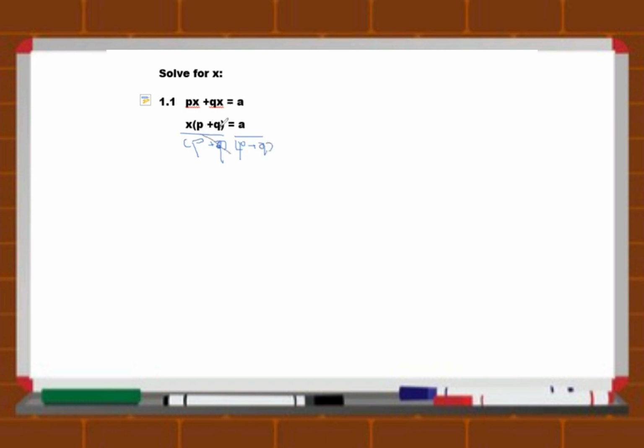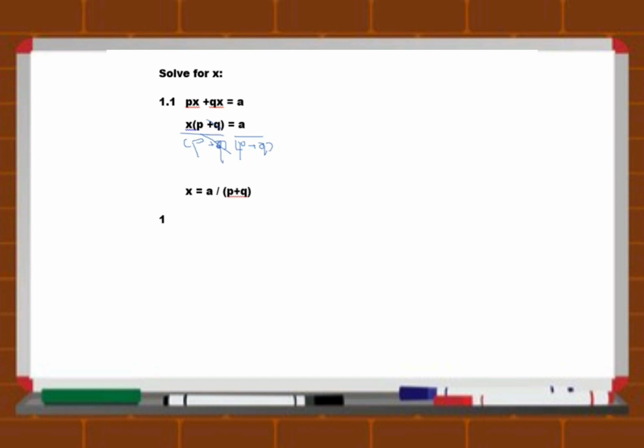And then once you do this, you're going to be left with x is equal to a divided by p plus q, and that's your final answer.